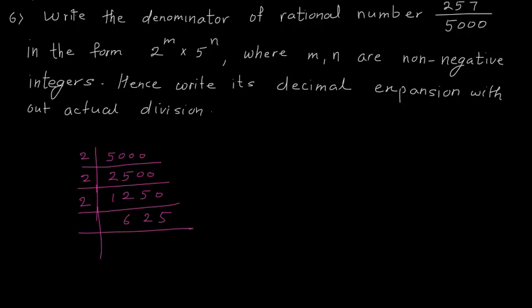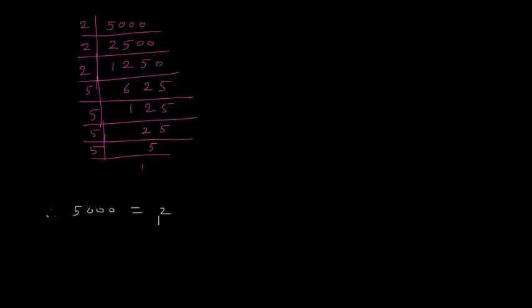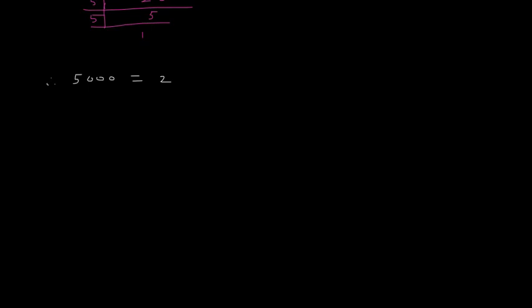Then 625, I will start with 5: 5 1s are 5, 5 2s are 10, 5 5s are 25. Whatever is the carry, you can keep in your mind: 5 5s are 25 and then 5 1s are 5. So the denominator 5000 can be written as 2 power 3 into 5 power 4.